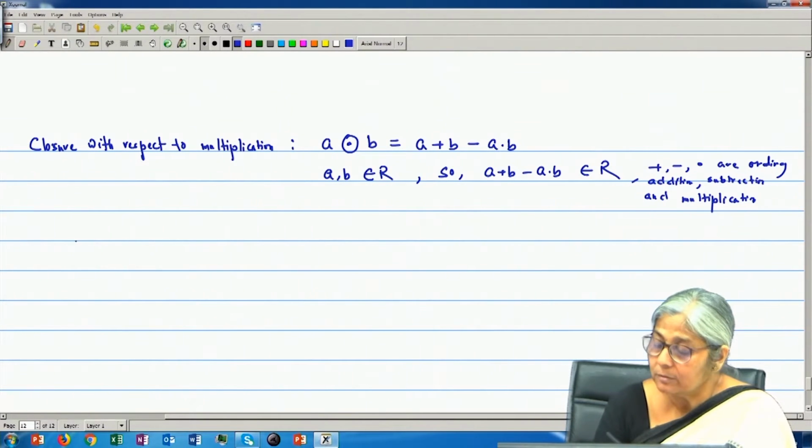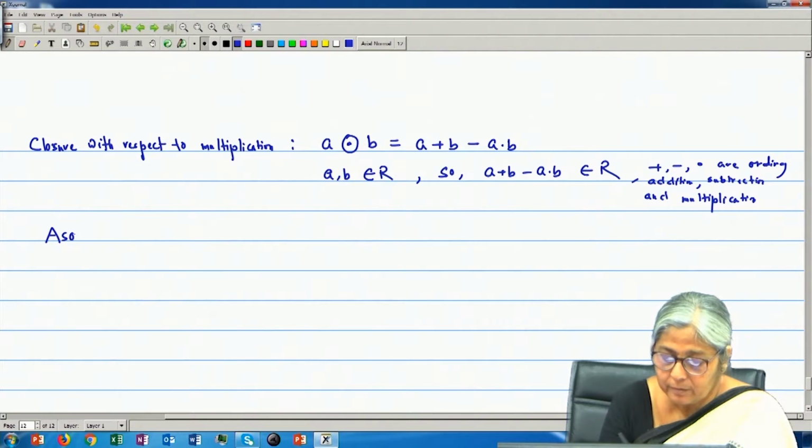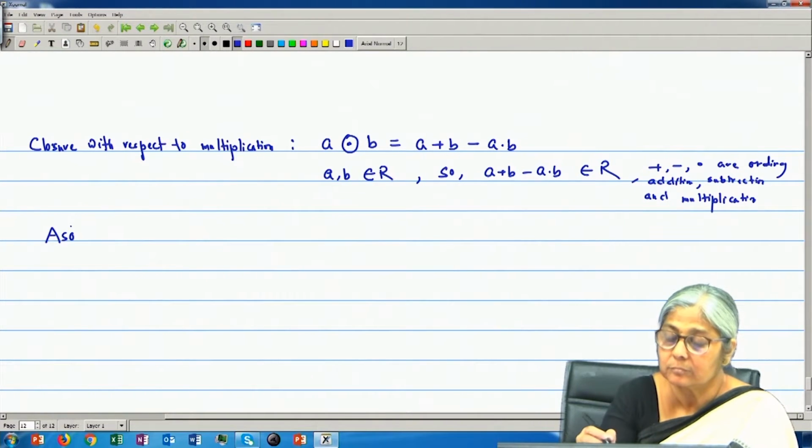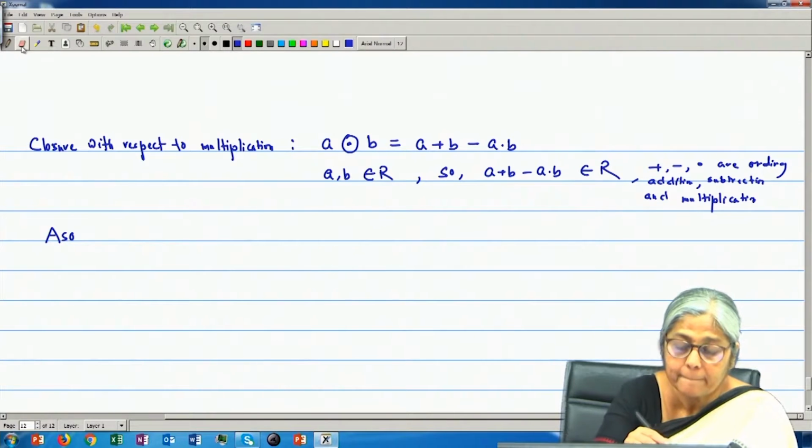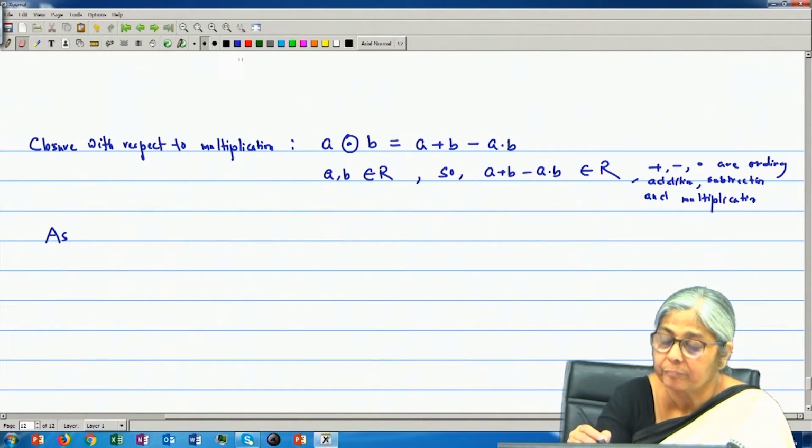Now, what about the associative properties with respect to multiplication?